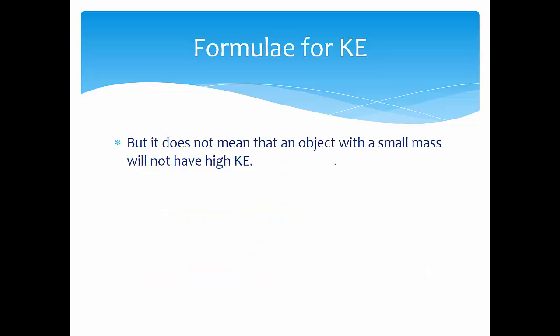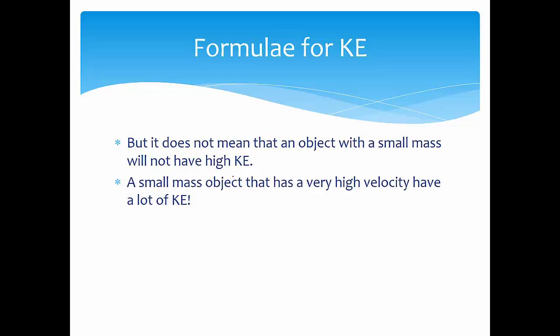But it doesn't mean that an object with a small mass will not have high kinetic energy. In fact, a small object with a very high velocity has a lot of kinetic energy, because kinetic energy depends on two factors, mass and velocity. For example, a speeding bullet will cause a lot of damage.